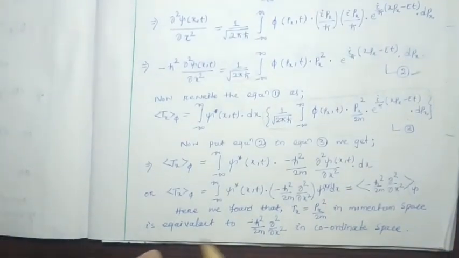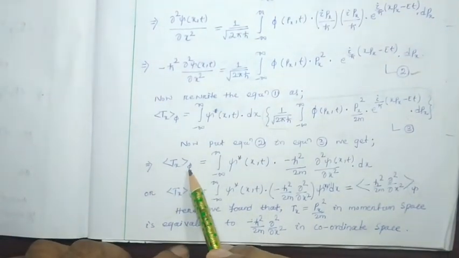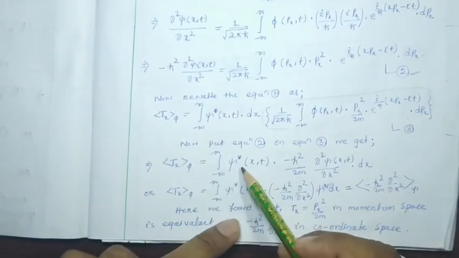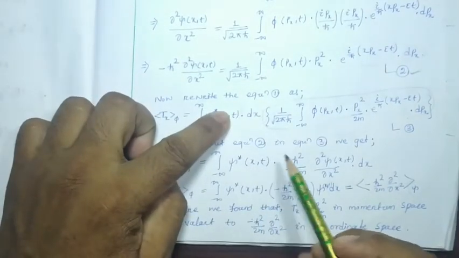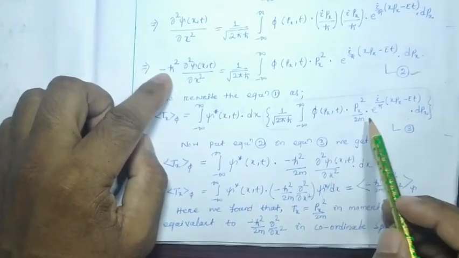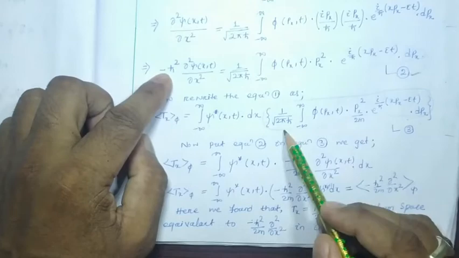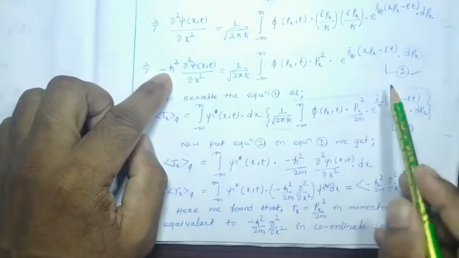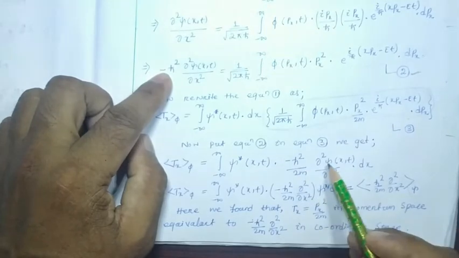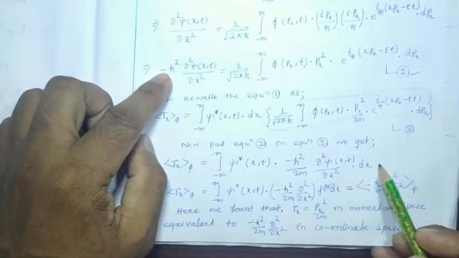We get the expectation value of T(x) in momentum space equal to the integral from minus infinity to plus infinity of psi star(x,t). Here I put minus h cross square by 2m, since 2m is already there, so this much part is nothing but this one: minus h cross square by 2m del square psi(x,t) by del x square dx.